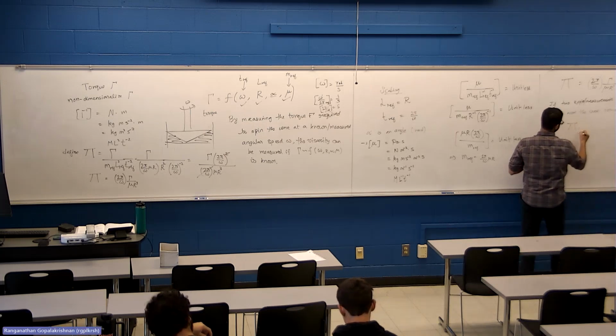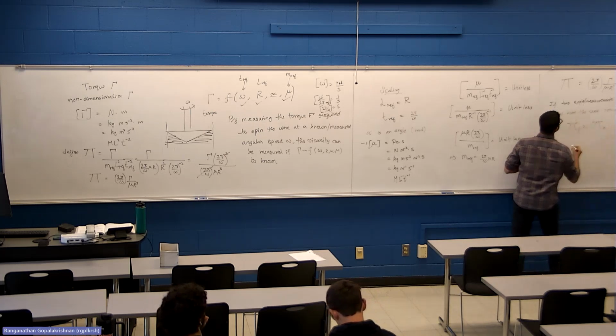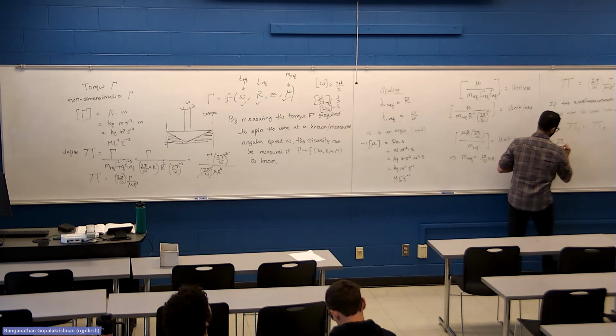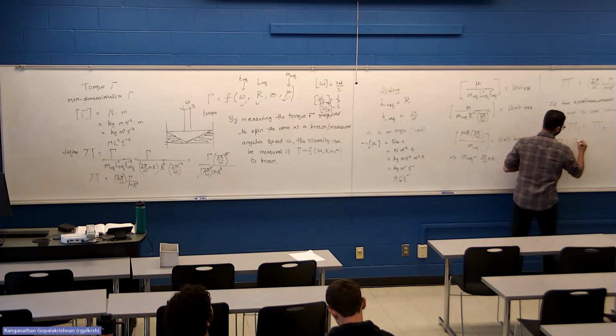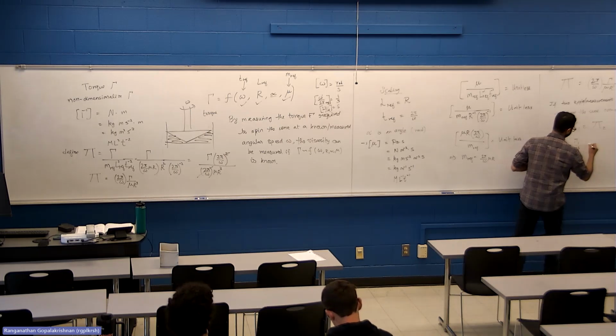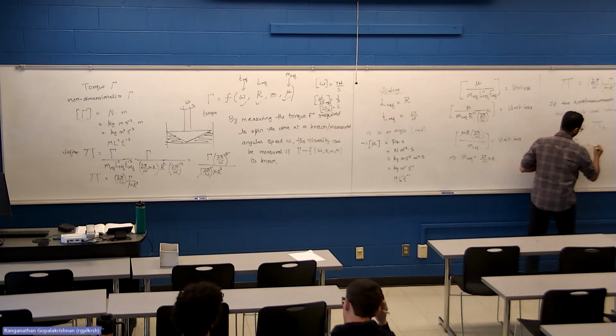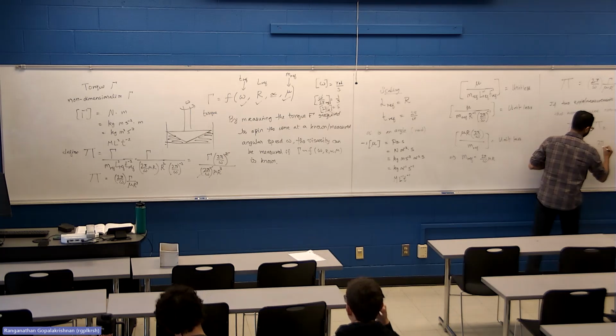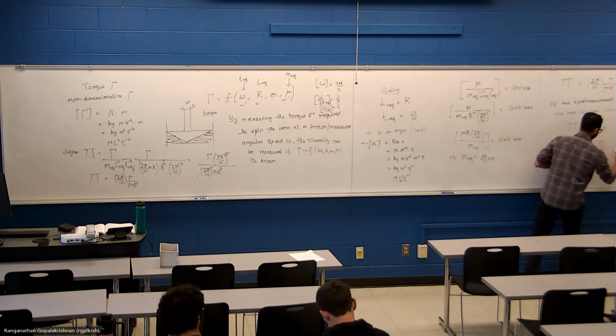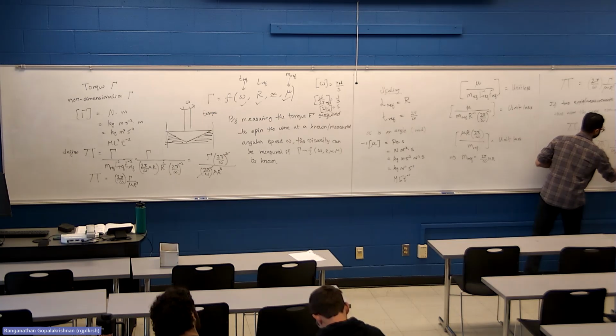We have pi 1 equal to pi 2: 2 pi over omega 1 times gamma 1 over mu 1 r1 cube equals 2 pi over omega 2 times gamma 2 over mu 2 r2 cube.